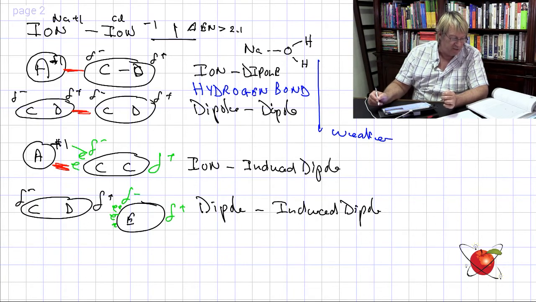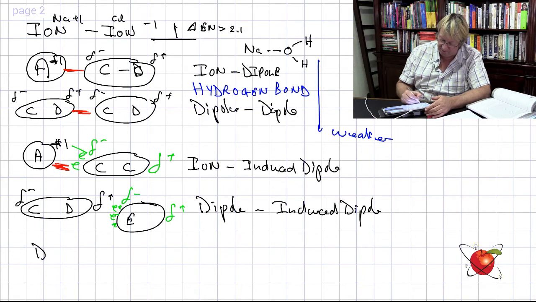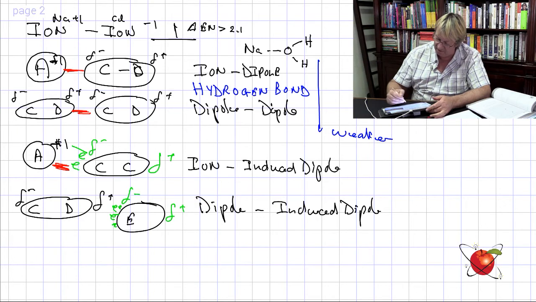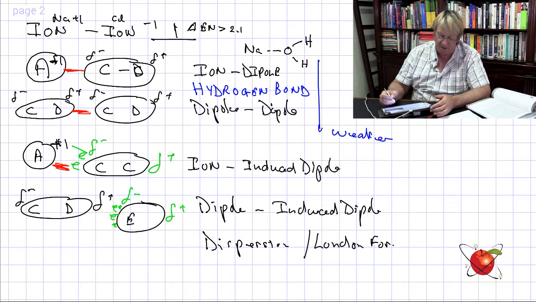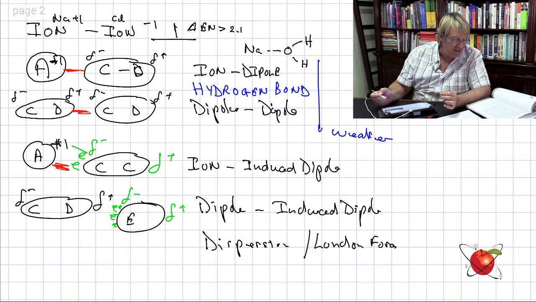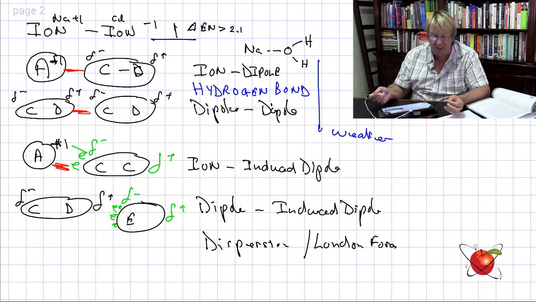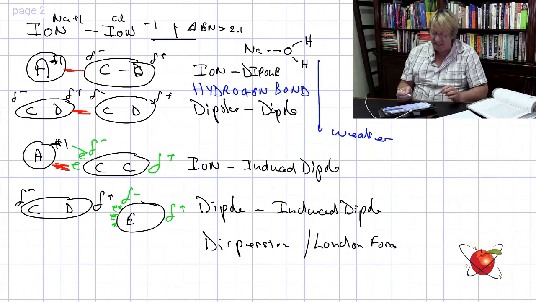And the last one of them is called the dispersion, or London forces. Oops, sorry, I put it in the wrong place here. Basically, it's a very weak force. What happens is we get an out of balance.